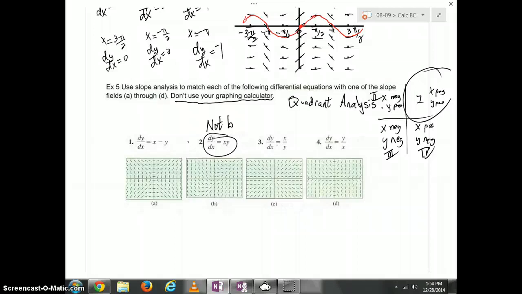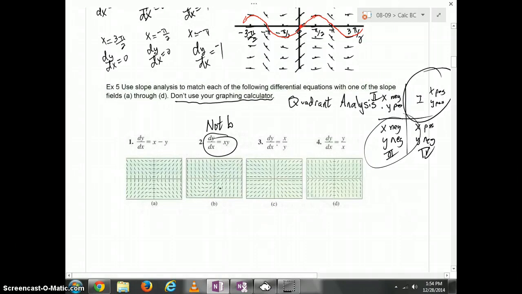Similarly, in the third quadrant, looking at number 2 here, if x is negative and if y is negative, multiply them together, you should have all positive tangent line slopes. And again, ruling out B, we knew B couldn't be it. C, D, and A all seem to be quite realistic. They seem to be quite possible.